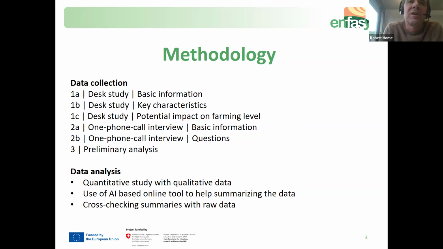And to help us with that, we used an online artificial intelligence tool to help with summarizing the data. We had over 1,000 pages of data to summarize. We were quite careful with that because we're not very used to working with artificial intelligence-based online tools. So, especially at the beginning, we did quite a lot of cross-checking. We would take the summary of a section of data, and then as a team, 3 or 4 of us would sit down and say, okay, is this an accurate summary of the data that we're summarizing?